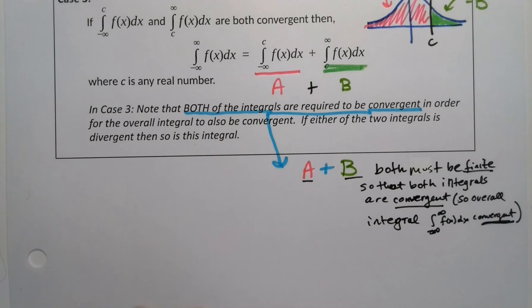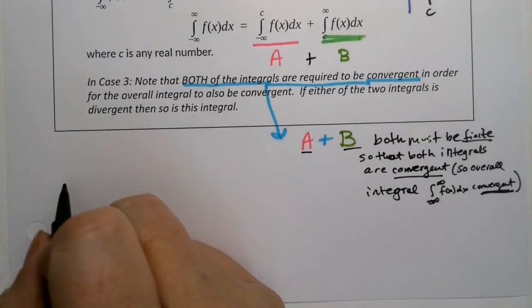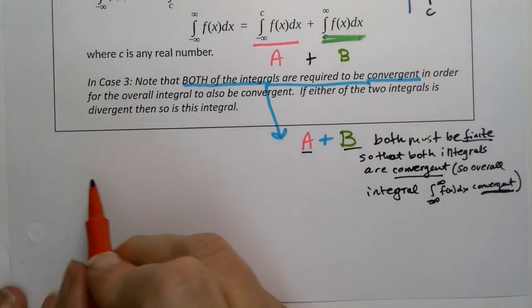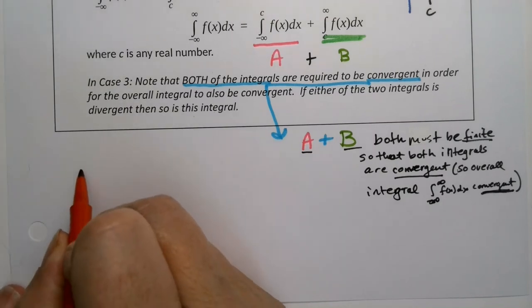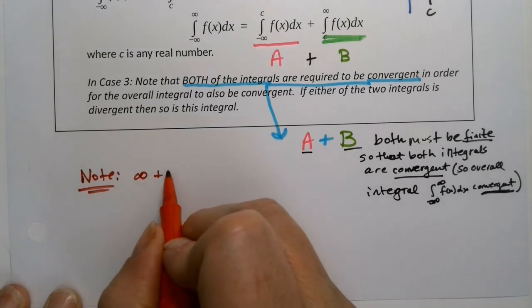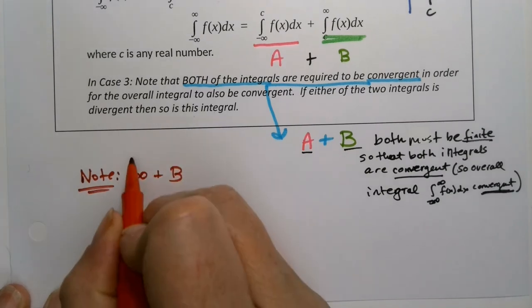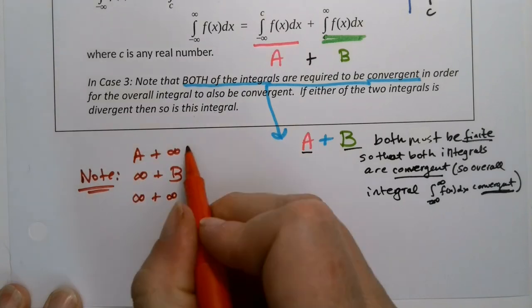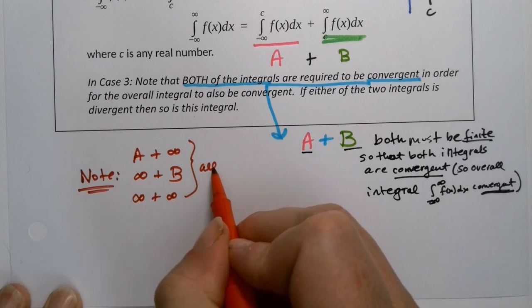That's what that's saying. Now, let's also remember that if either one of them is divergent, then the overall is divergent. So note, if you have infinity plus a constant, or if it's infinity plus infinity, these are all divergent.